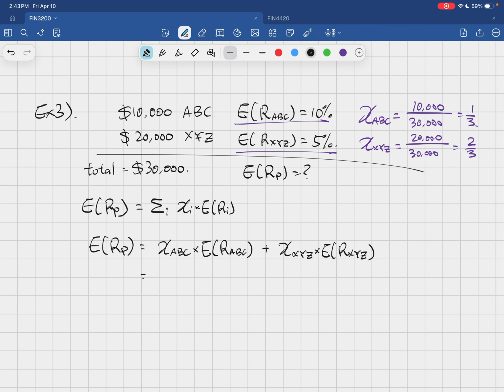That is 1/3 times 10% plus 2/3 times 5%, and this gives you about 20%, or exactly 20% over 3, and that turns out to be 6.67%.